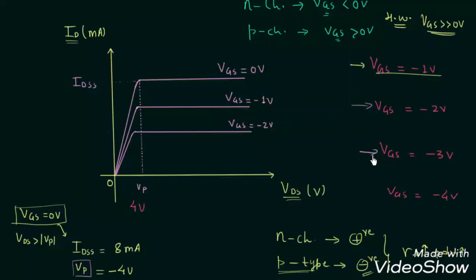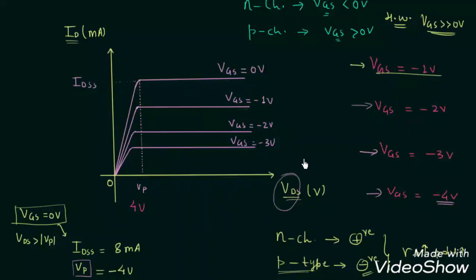For VGS equal to minus 3 volt, again we will get the pinch off voltage early as compared to the earlier case, which is VGS equal to minus 2. And for the last case, when VGS is equal to minus 4, it is equal to the pinch off voltage VP. So when you have VGS equal to the pinch off voltage, there is no need to apply VDS.